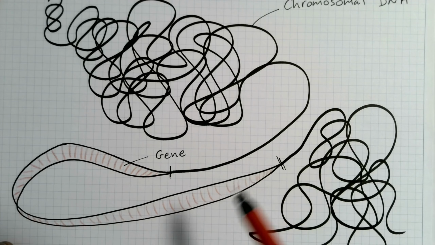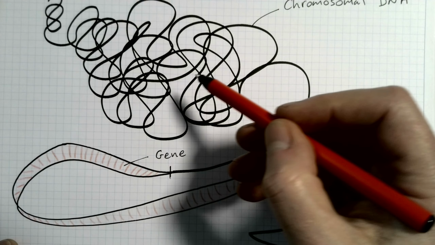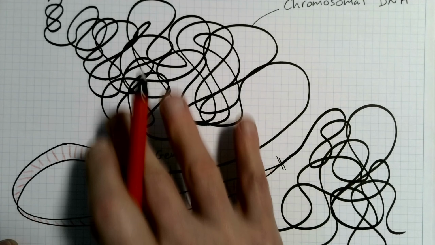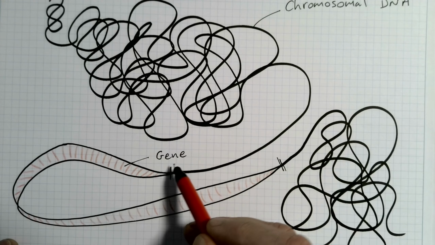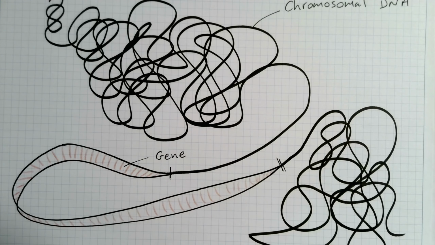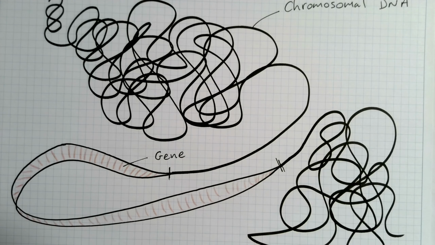Now remember that there are 2 copies of this chromosome in every cell. So if this was chromosome 1, there's another chromosome 1, and there's another copy of this gene. So this gene occurs, at the very least, in our cells in 2 copies. Now, it's possible that the other copy might be slightly different to this one. There might be a single base change, a slight mutation in that gene, in the other copy.